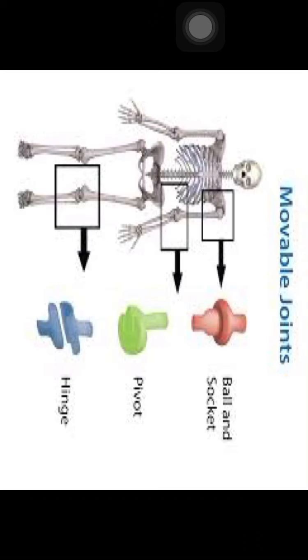The hinge joint is present in the elbows, the knees, the fingers and the toes, and it allows the movement in one direction. The gliding joint is present in the wrist and the ankles and between the two vertebrae, and with the help of this joint we can bend, we can turn and we can twist easily.